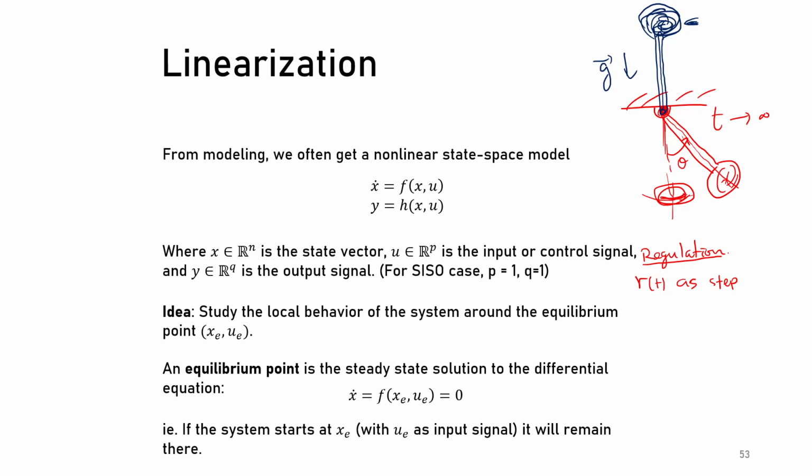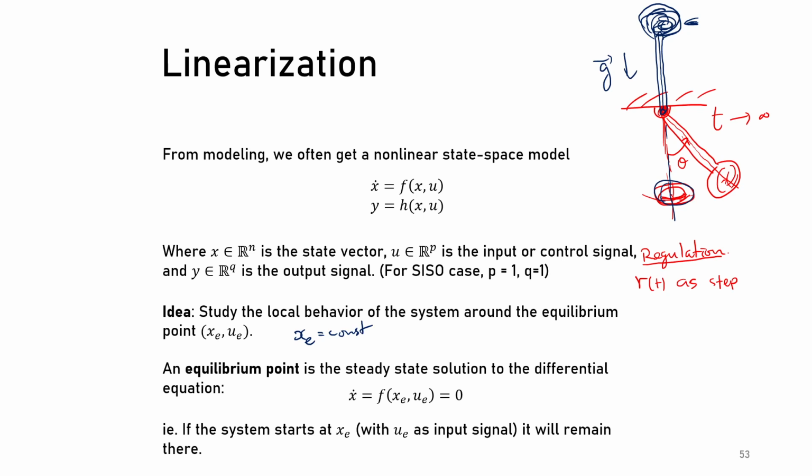Okay. In order to find equilibrium, at equilibrium the state is constant. So x_e is constant because it stays like here, for example, like this equilibrium. I can write the equation for you.